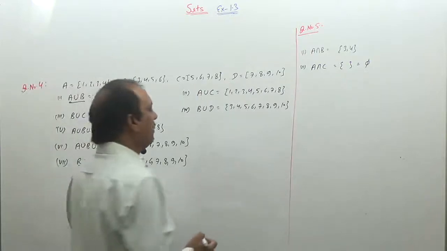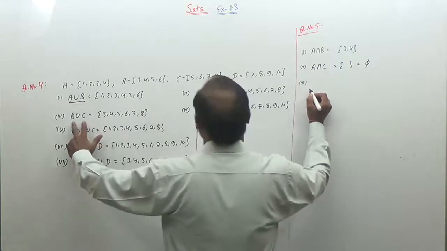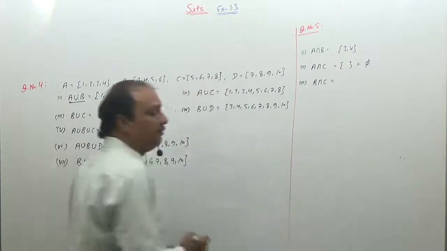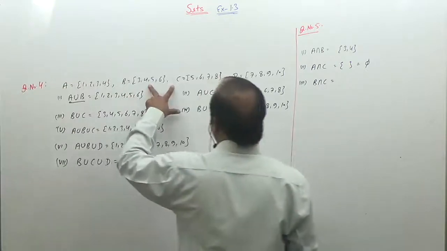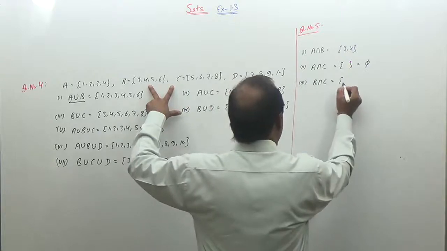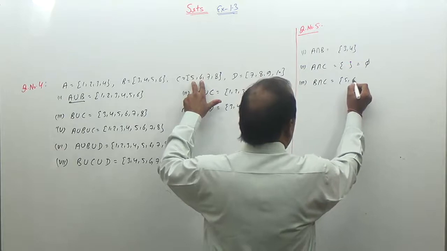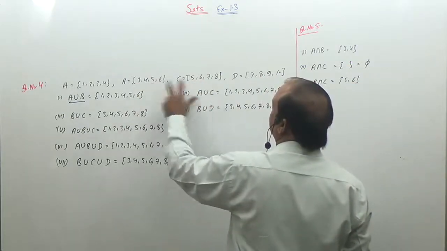Now, third part is B union C, convert करें B intersection C. So we will take the common elements of B and C. So 5 6 दोनों में common element हैं. So B intersection C will be the elements 5 and 6.